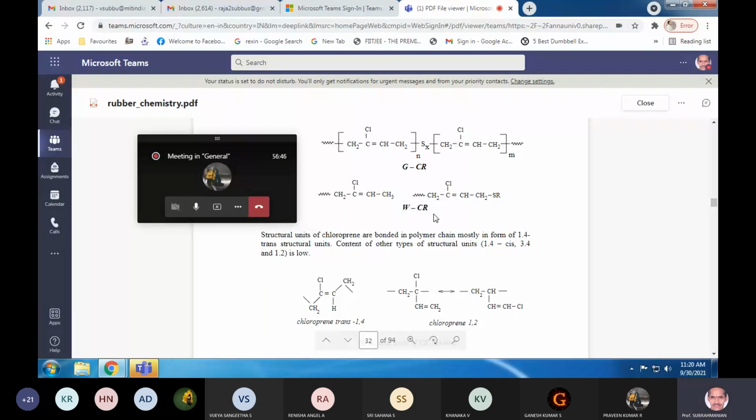Right? You are free from that. Meaning this sulfur modified, low temperature flexibility, you have no problem. Whereas W type, we may encounter stiffening on storage. Right? So this is the comparison between G and W type.